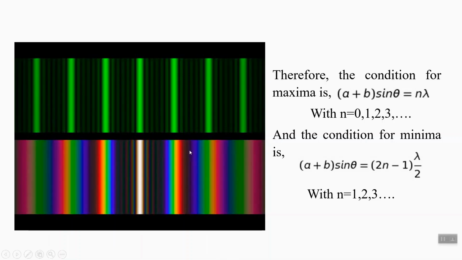So in the case of first order spectrum, we can see that blue light is deviated the least, whereas red light is deviated the most. This is because the wavelength of red is greater than that of blue. Following the first order, we can see the second order, third order, fourth order spectrum, which appear successively wider and fainter.